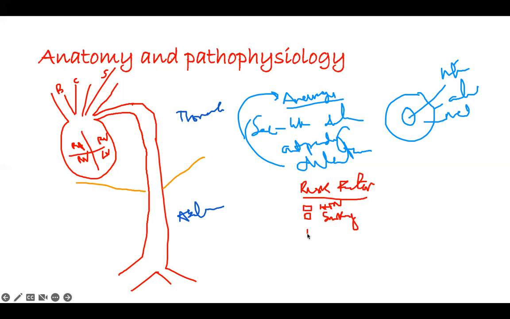High cholesterol, hyperlipidemia, is a risk factor. If you are more than 65 years old, it's a risk factor. And of course, male sex. So if you're male and you're more than 65, you can develop an aneurysm.